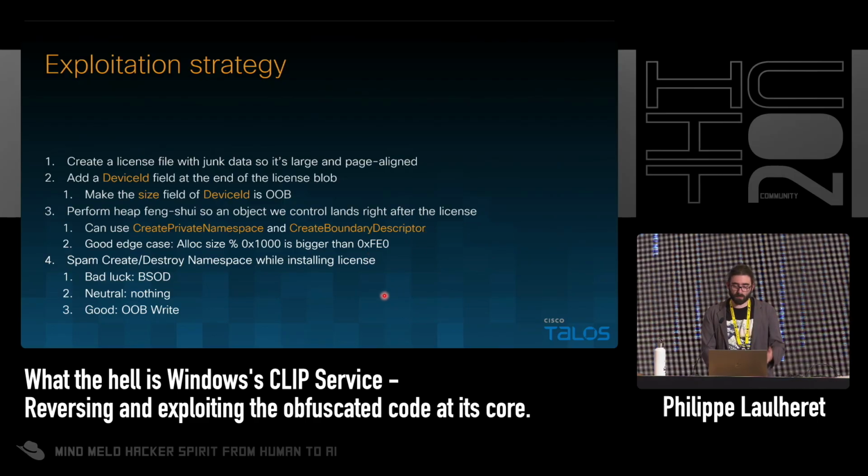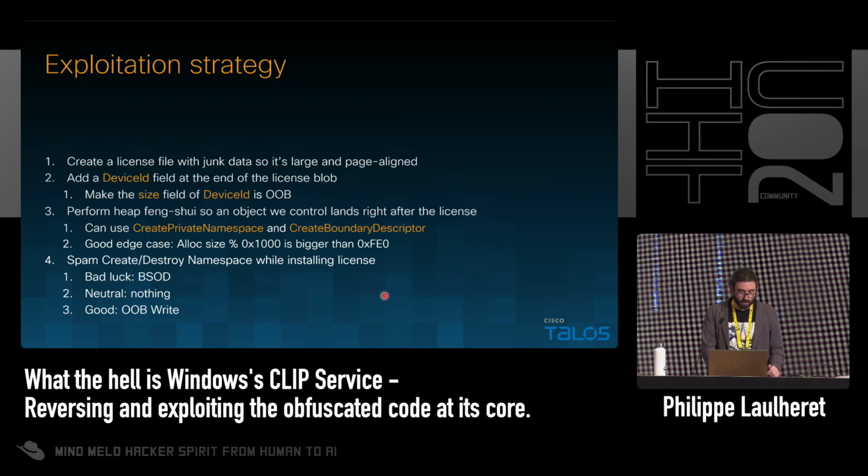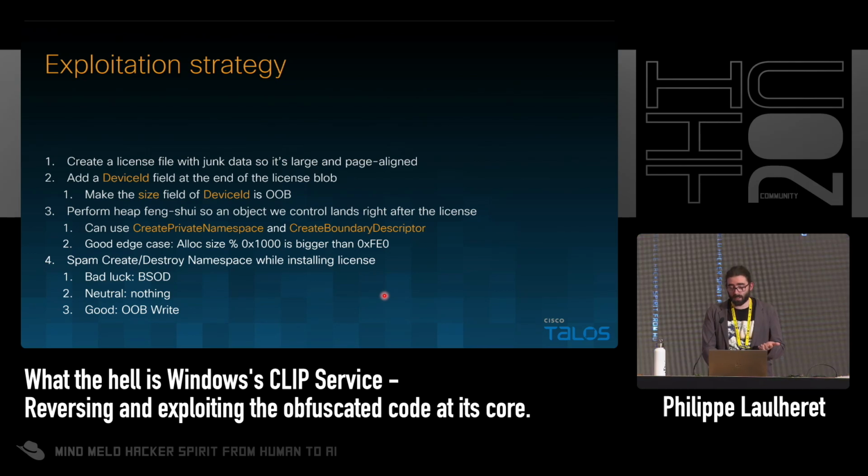And then you can spam creating and destroying these namespaces while you install your license. And so if you have bad luck, you get a blue screen of death because it reads out of bound an unmapped page and crashes. Otherwise, nothing happens, and if you're lucky, you actually get an out-of-bound write.